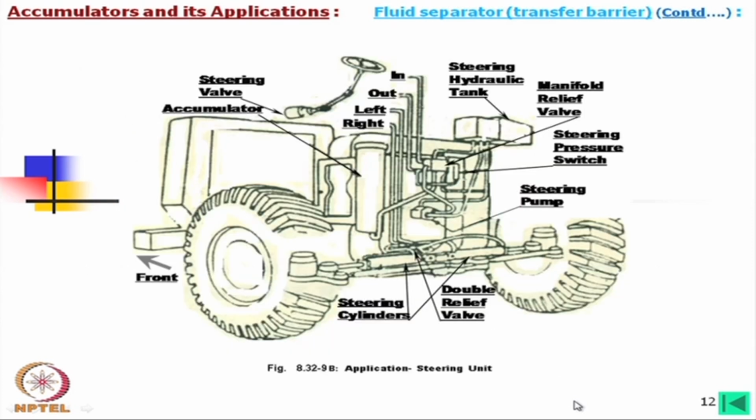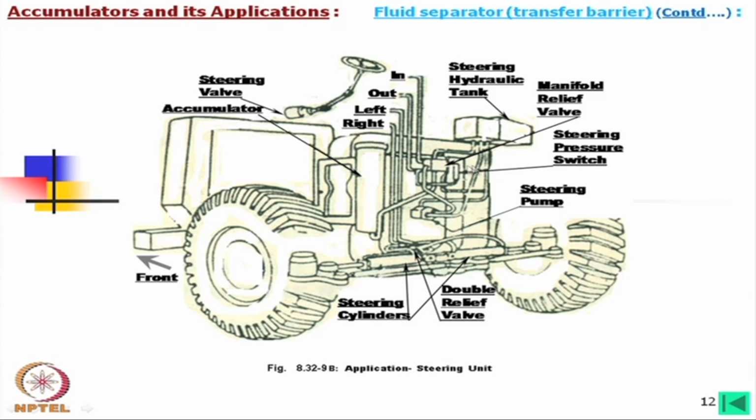Now, this is another application where we can use the accumulator. This is a fluid separator, the same transfer barrier, but this application is a steering unit. What we find is that this is the steering and this is a steering valve, and this is the accumulator.